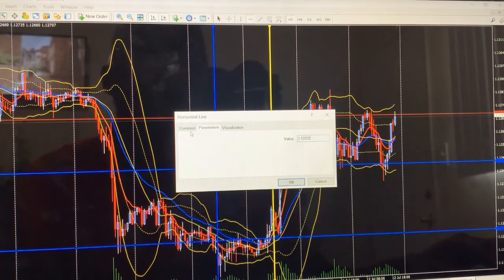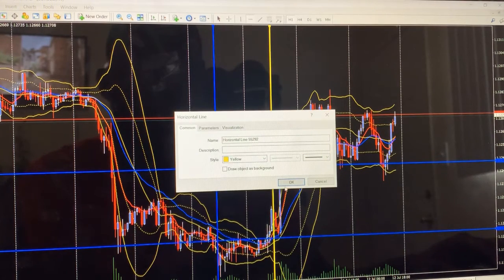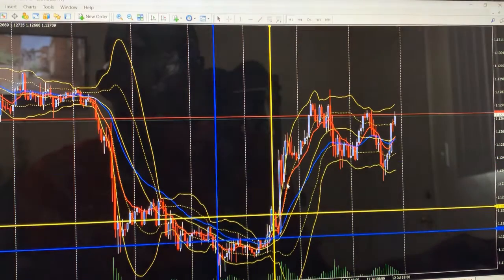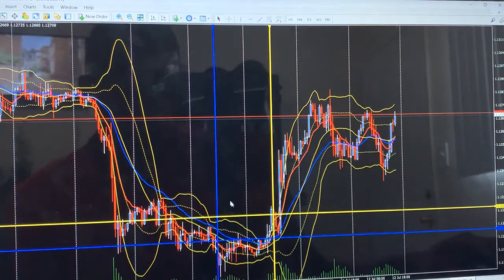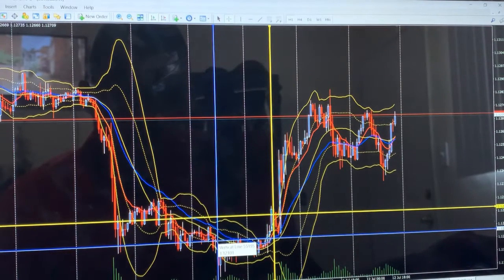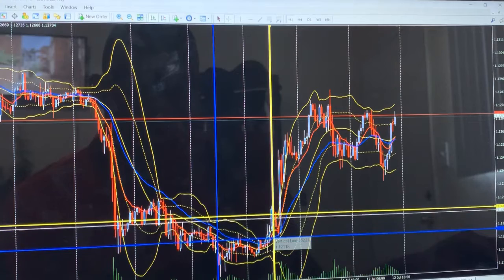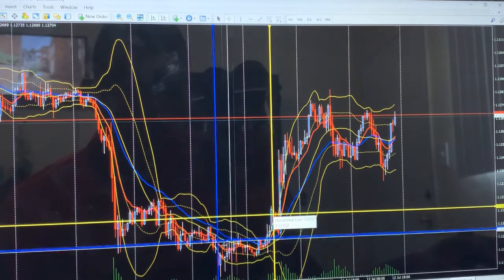Now let's set this line to yellow. So keep in mind blue is for the entries and yellow is for the exits. So here is our trade: we enter this price level on this date where you see the crossbar, and then we exit on this day at around this price.